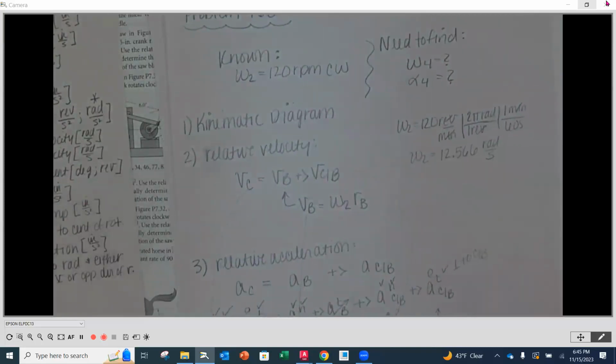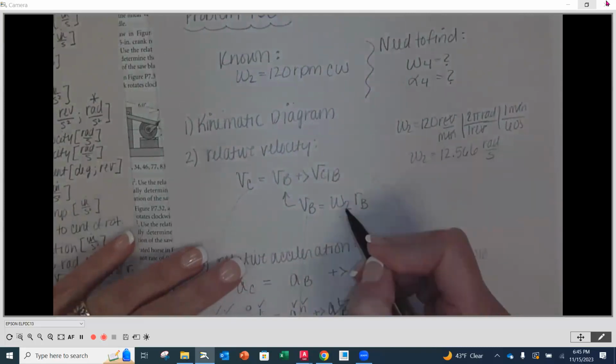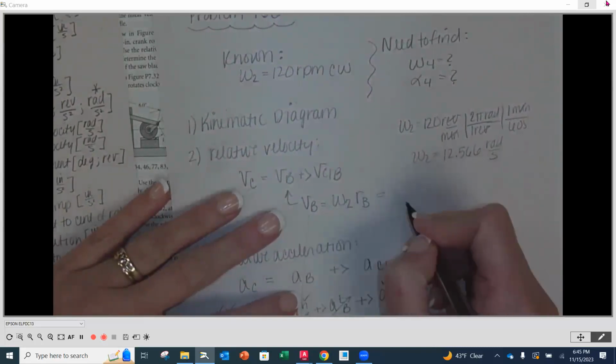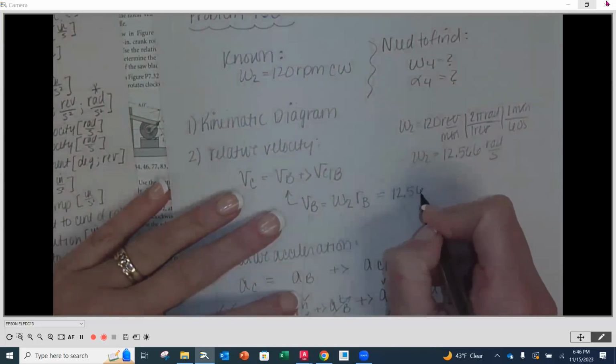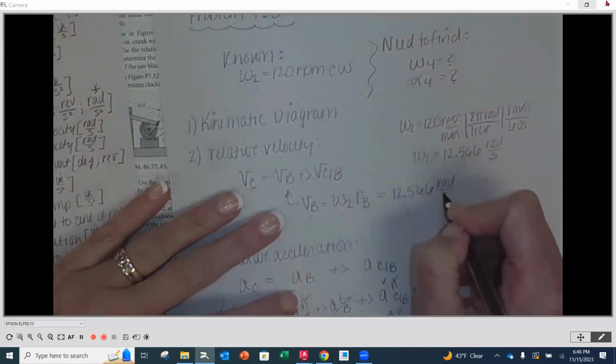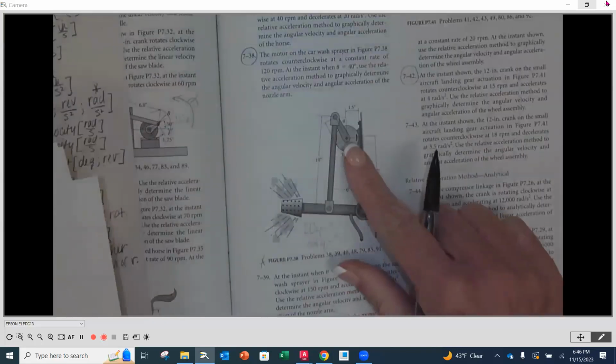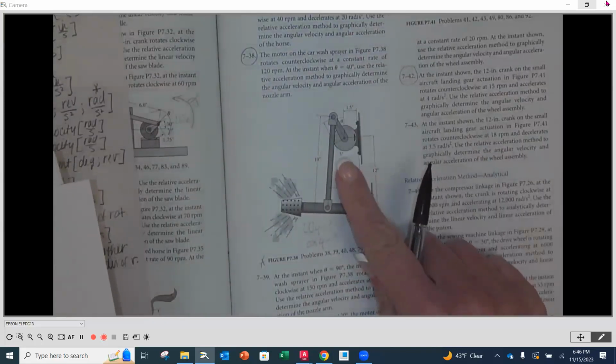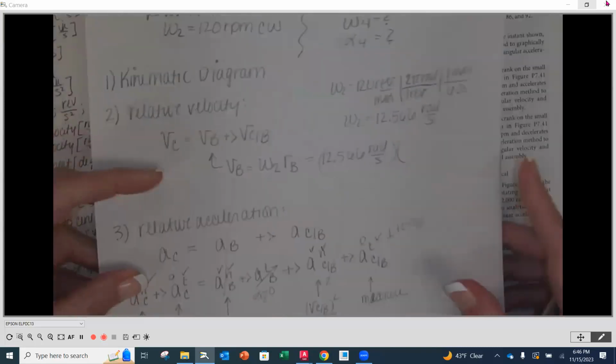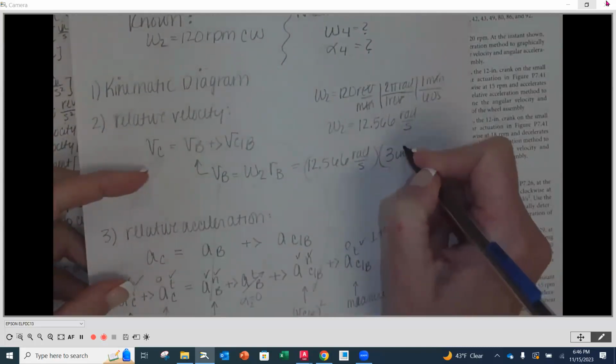So W2, you get 12.566. And that's going to be the number that we're going to put in here. So VB is equal to 12.566 radians per second times its radius. From this illustration, the length right there is 3 inches.